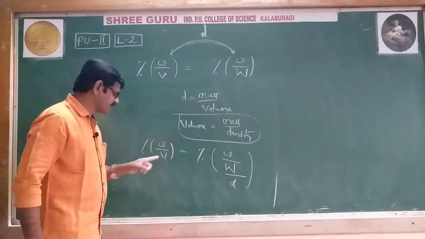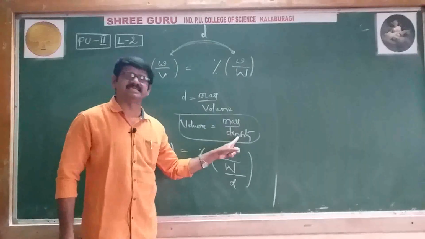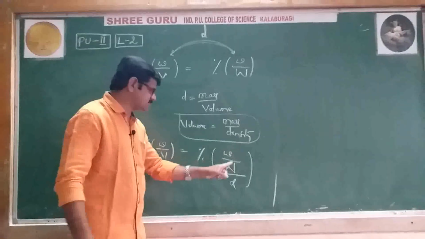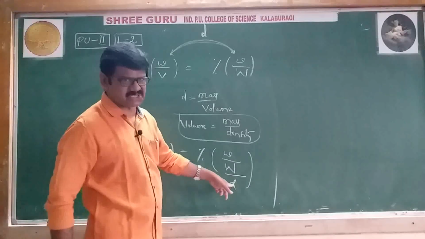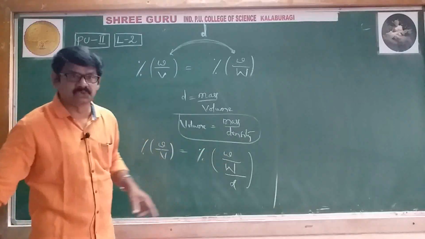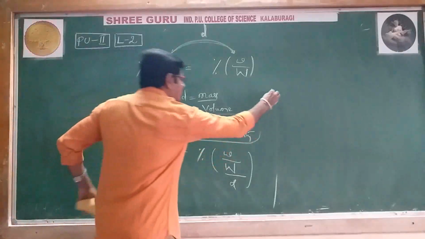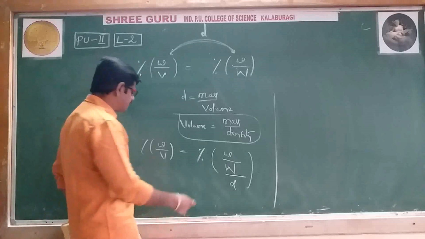I'll repeat. In place of V, mass by density, we are substituting, that's it. Mass means mass of solution, D means density of solution. What is the small w? Mass of solute. That's why in the next step, what I am doing, 1 by D, D will shift to the numerator.